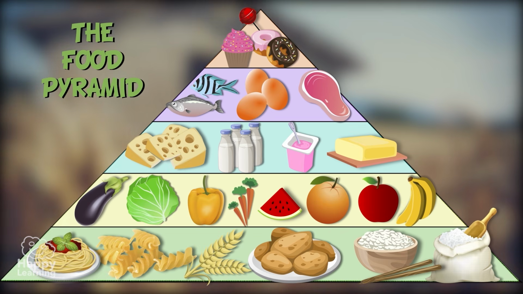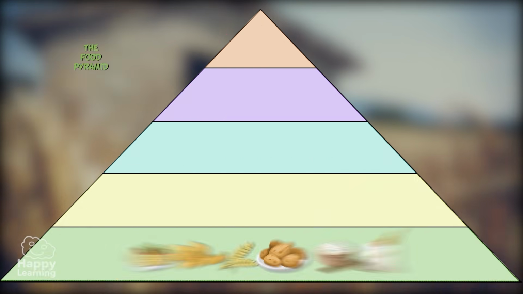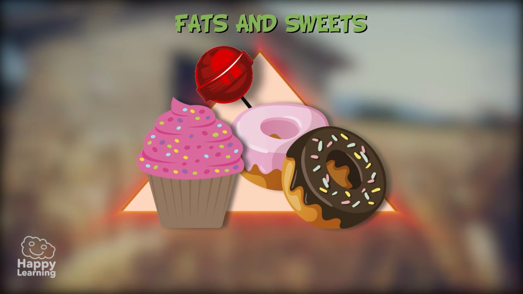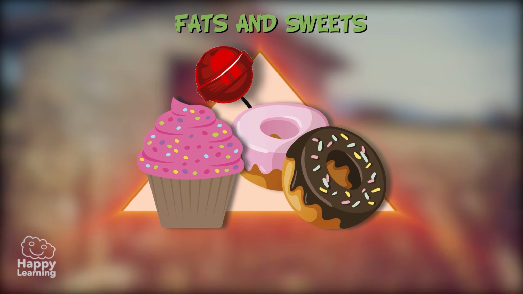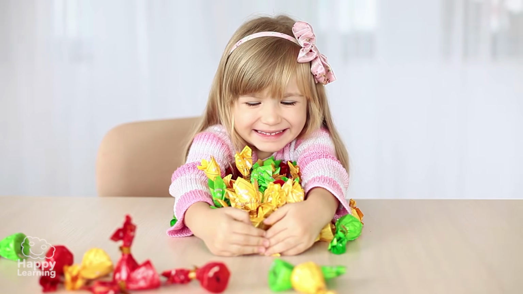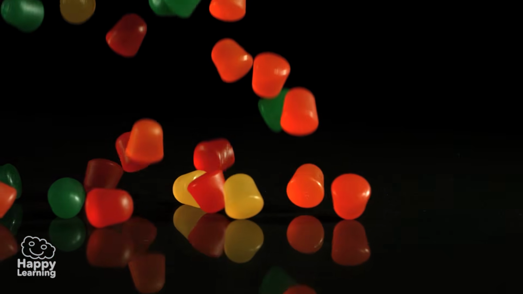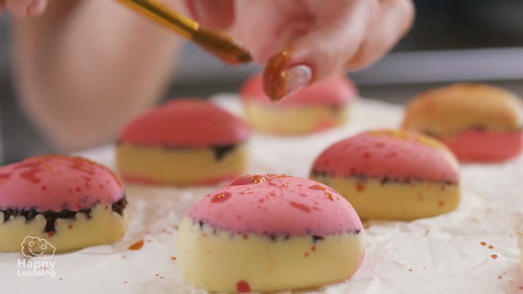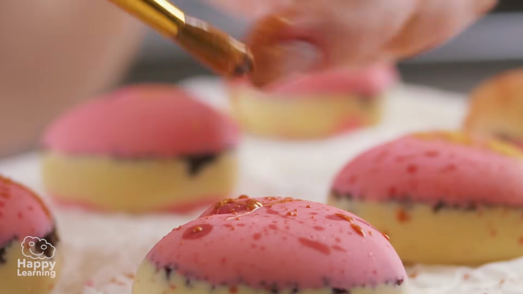Here it is. The first step on the pyramid, the smallest one, is the one about fats and sweets. It's the favored one by all children, but to be honest, it is the worst one. One must eat very little or nothing from this step.